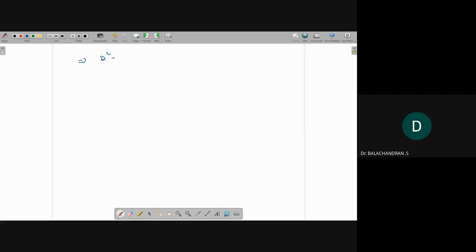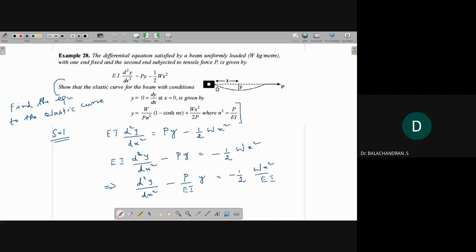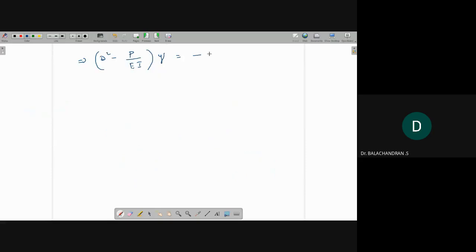D square minus P divided by EI into y equal to minus w by 2 EI into x square, where D square equal to d square by dx square.